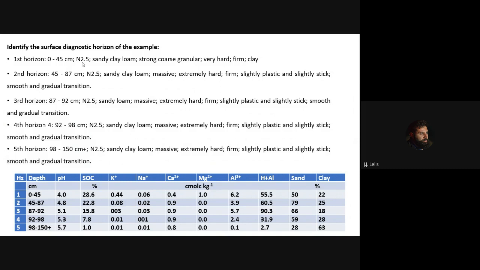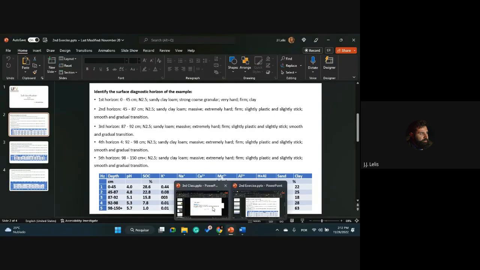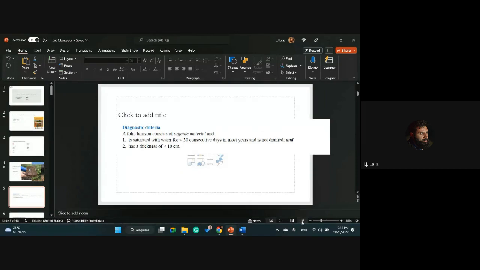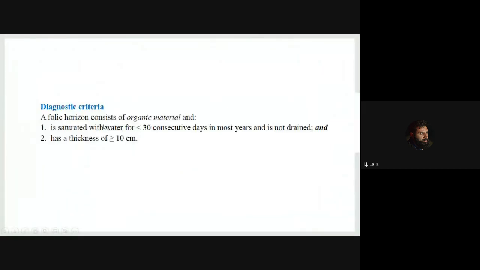So in this case, we shouldn't classify this surface horizon as a folic horizon, okay? Because it did not present a low number of days with soil moisture that represents a high content of water.